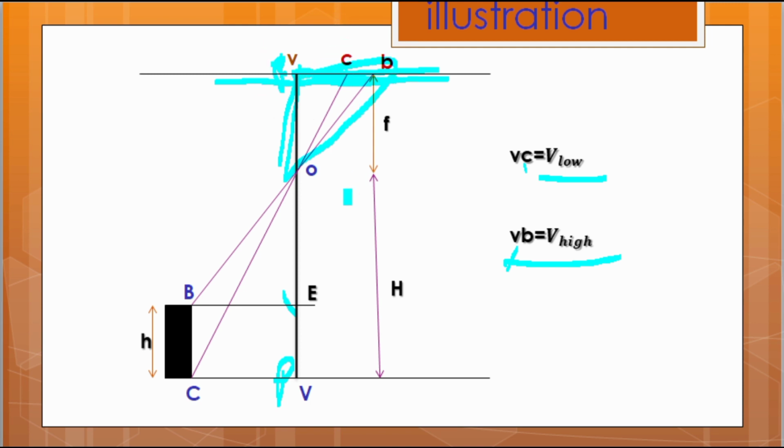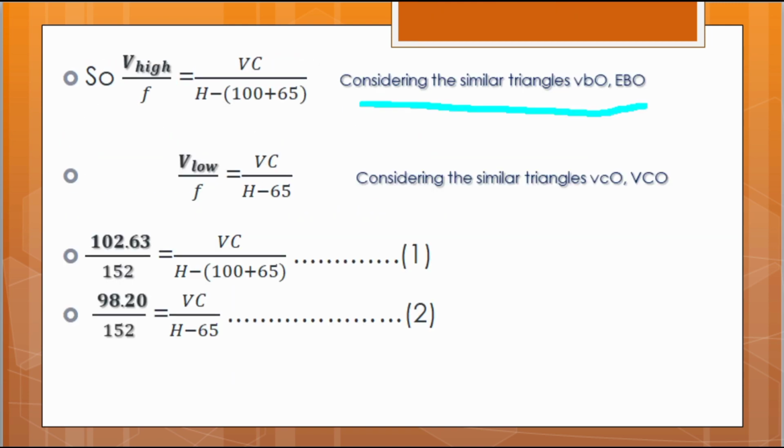By comparison of that triangle and the bigger triangle, that is EBO, these two triangles share a common axis. So by comparison of those two triangles, I'll have my equation as V high over F, that is the focal length, is equal to capital VC over height minus 100 plus 65.